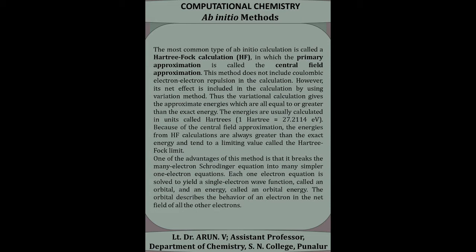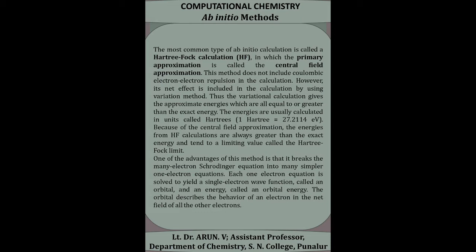The energies are usually calculated in units called Hartree. We know that 1 Hartree is equal to 27.2114 electron volt. Because of the central field approximation, the energies from the Hartree-Fock calculations are always greater than the exact energy and tend to a limiting value called the Hartree-Fock limit.